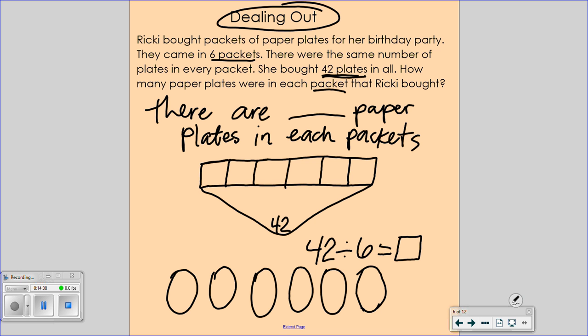Can I do my 10s? Because if I do 10, 20, 30, 40, 50, 60, is that going to work with the 42 things? No. What about my 5s? 5, 10, 15, 20, 25, 30.